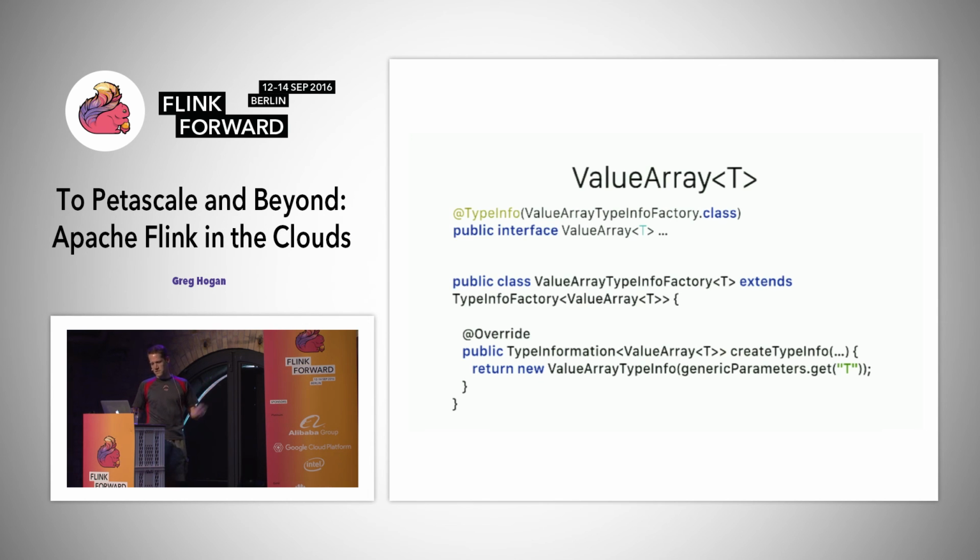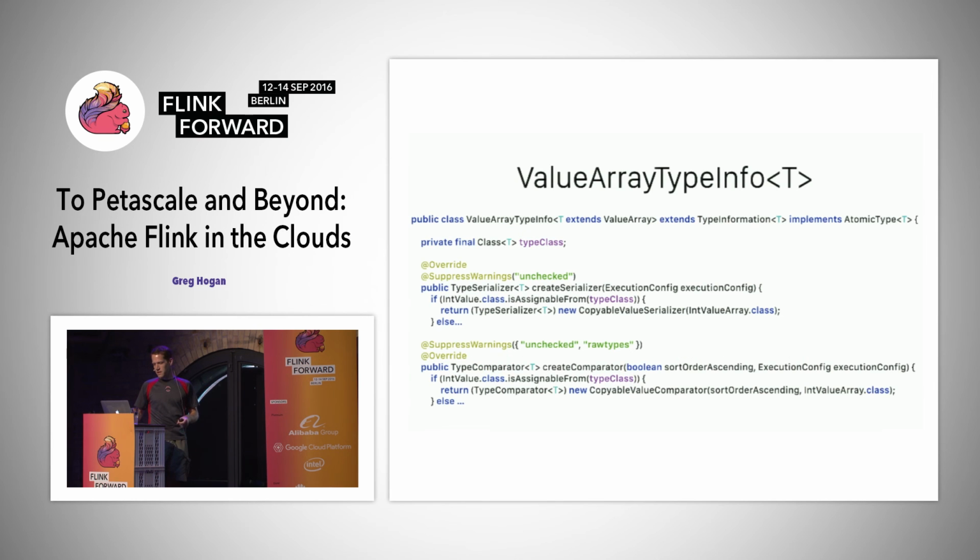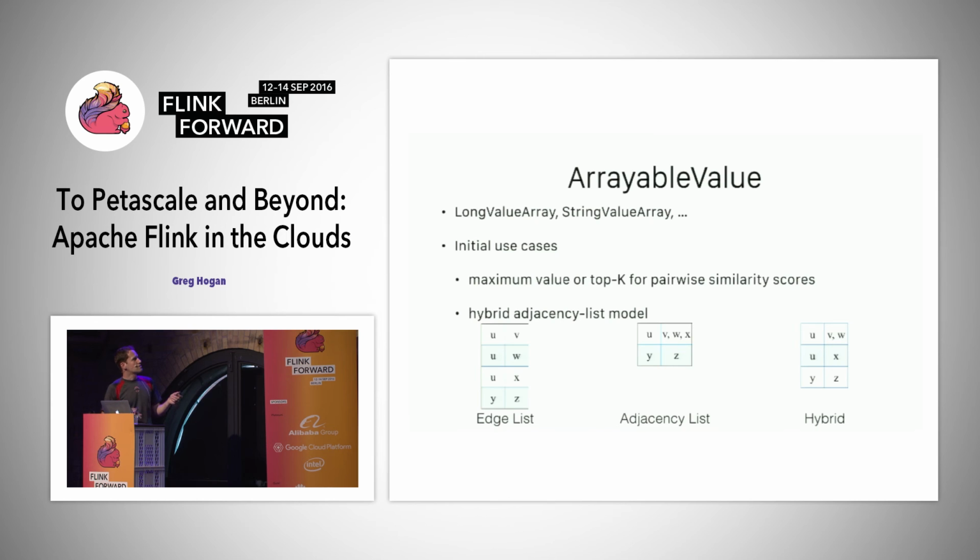So there's some example code and an example type info. So what do we use this for? We have our parallelized algorithms right now, and they can generate trillions of results. Oftentimes, we only want to know which vertices are most similar, or maybe the top k similarity. So we can do that if we can return a list. And then the second idea here is, can we switch over?